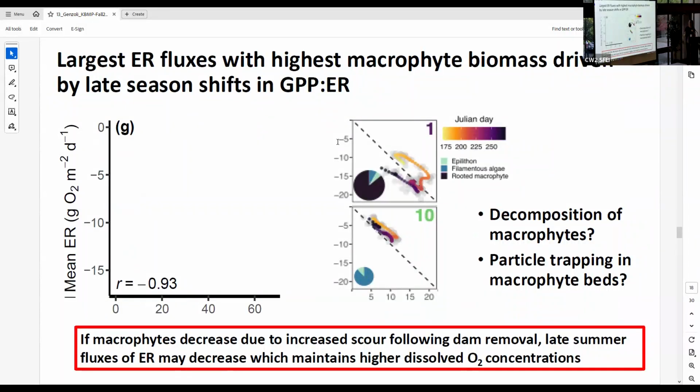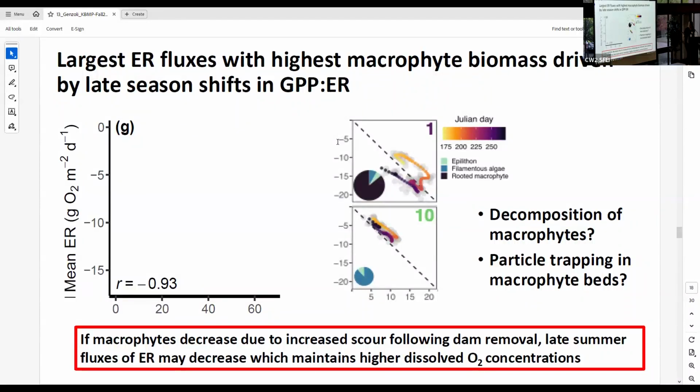Okay, one of the surprising results for me, because I didn't have really strong hypotheses around how respiration might relate to macrophytes, is that we had these really tight relationships between macrophyte biomass and ecosystem respiration, such that the largest ER fluxes or respiration fluxes occurred where high macrophyte biomass occurred.